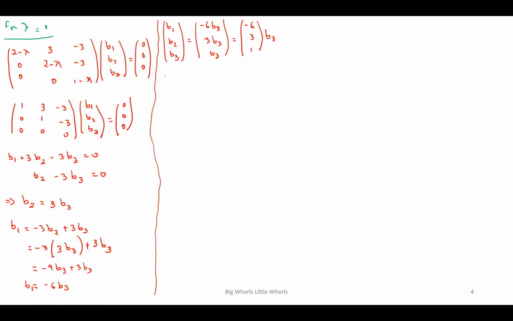So now let's write down the associated eigenvectors as follows.